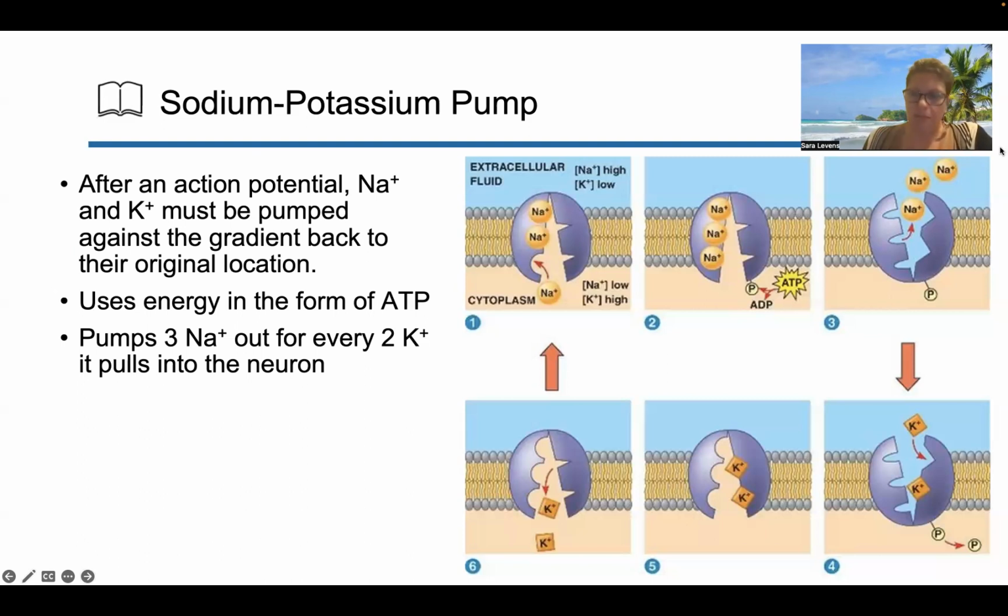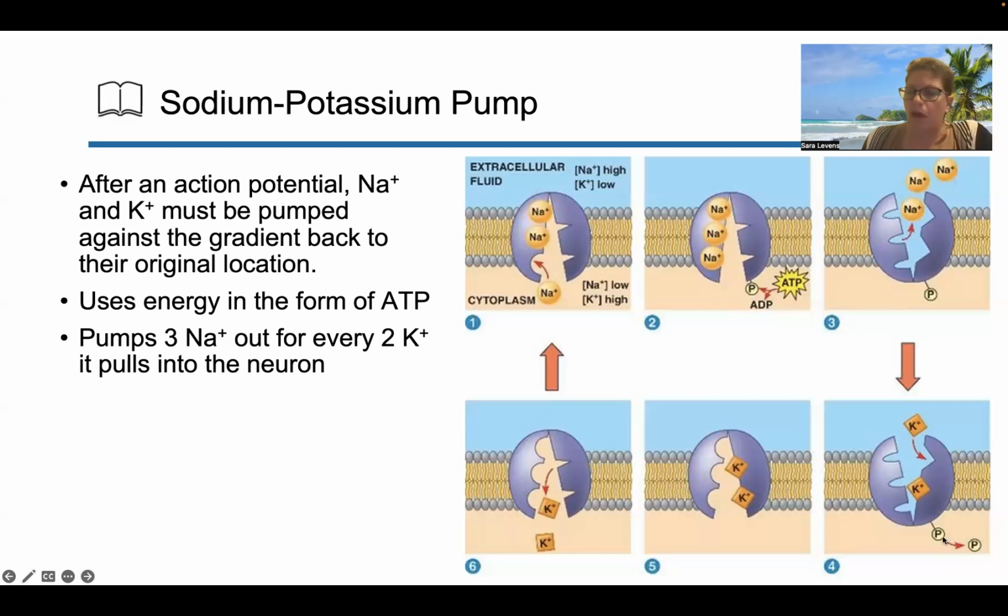And then, as we're returning to normal, it doesn't just take those back out. Those all attached to this side of the protein, and it has these other little spaces in the protein that are ready for potassium molecules. So when the sodium leaves, the potassium comes in and attaches to these here.